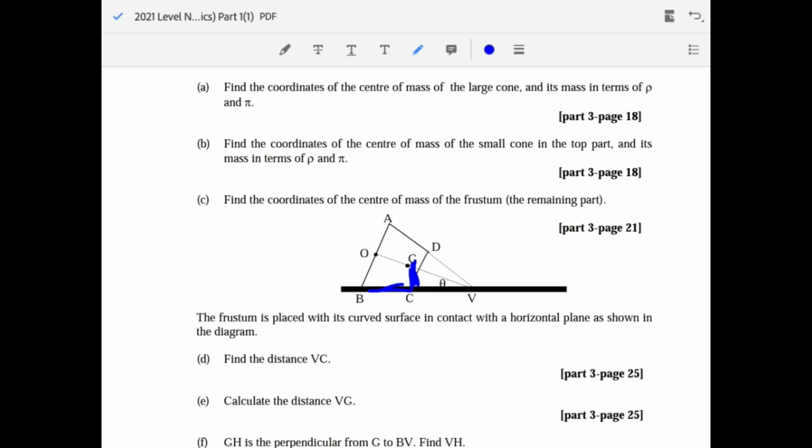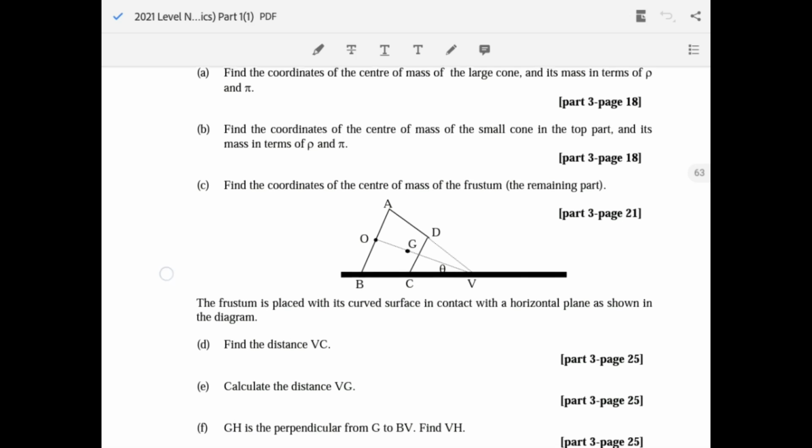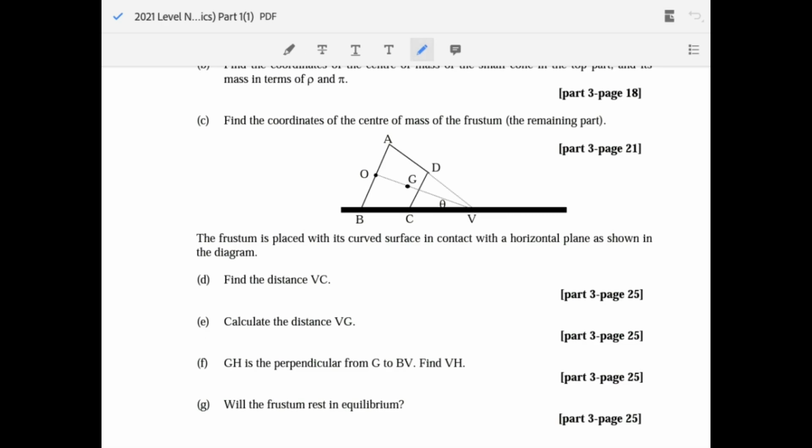If it's less than, then it topples. If it's greater than, you're safe. If it's at that point, you're safe. For safe, it is stable. You find GH by using this triangle, and you find VC or BC by using that triangle.